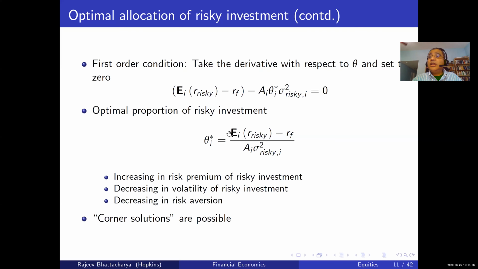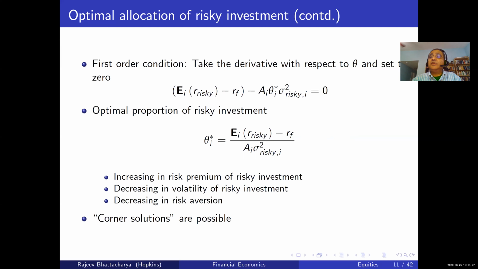Okay. So in particular, the optimal proportion of the risky asset is increasing in the risk premium of the risky investment. The higher the excess returns, the more you're going to put in the risky asset. Excellent. It's decreasing in the volatility of the risky investment.